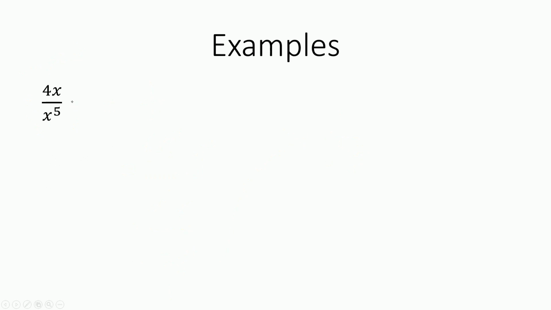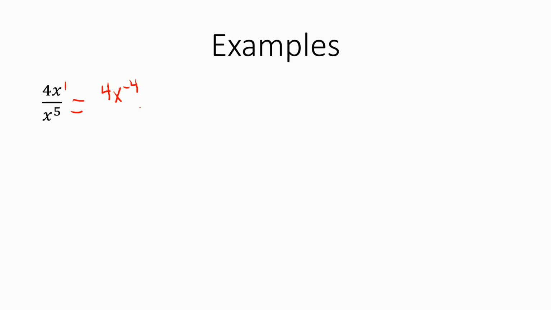Continuing on with the examples, I'm going to take this, and we're first going to do the quotient property. And the 4 is just going to stick around, it's not going to do anything. And then when I do the quotient property, I have a 1 here, so I have x to the 1 divided by x to the 5th. 1 minus 5 is -4.